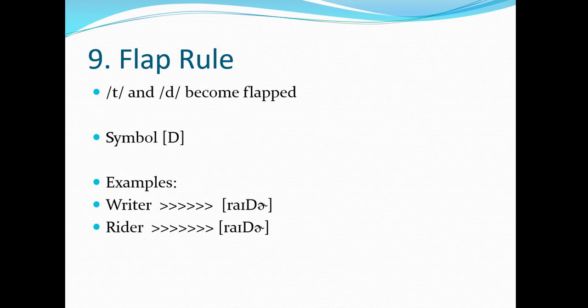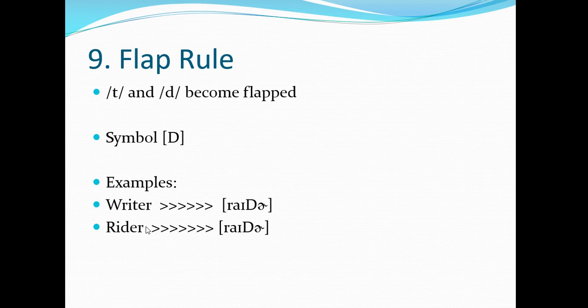In English, the R is never trilled, but some speakers of English produce a flap. This is the sound that most American speakers produce instead of t or d in words like rider. Here we have an example, rider. You can see that the symbol is a big D. Rider.